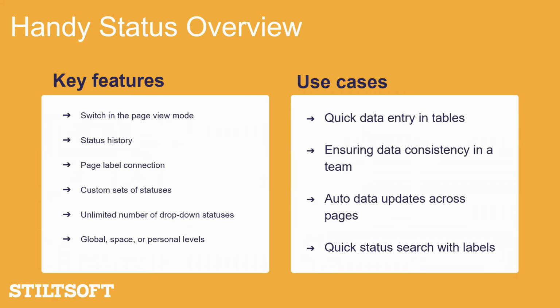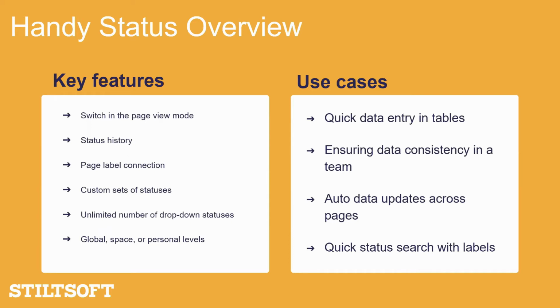So as you've seen before, it allows to find the data, for example, all the pages in one particular status easily, and in a few clicks, you just choose the label on the page and see all pages having, for example, in progress status.